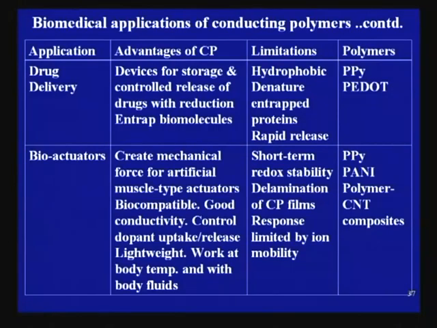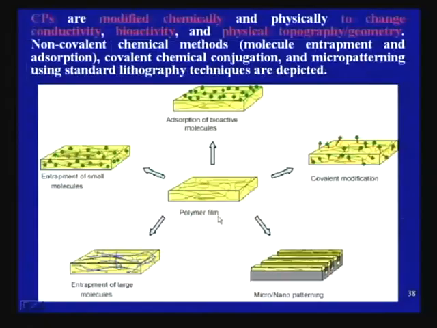So, these conducting polymers, polypyrrole, PEDOT, I will show you what PEDOT is, polypyrrole, polyaniline, carbon nanotubes, these are being used for bioactuators, drug delivery. Now, you see conducting polymers are modified chemically and physically to change conductivity.